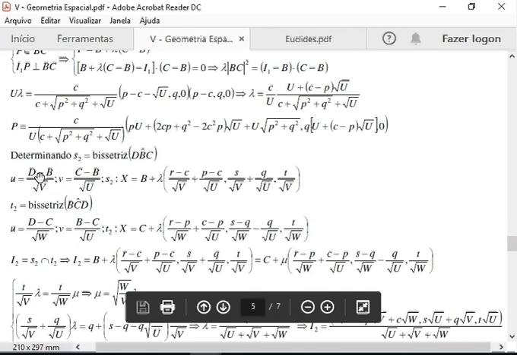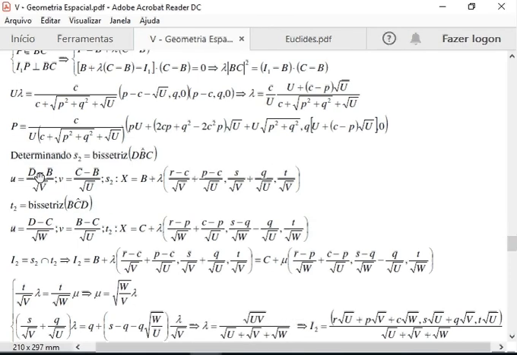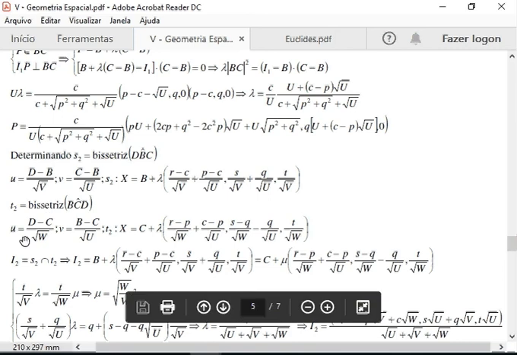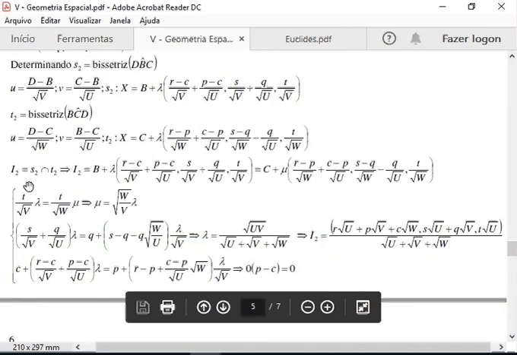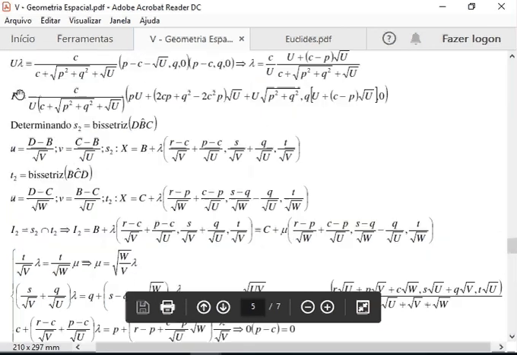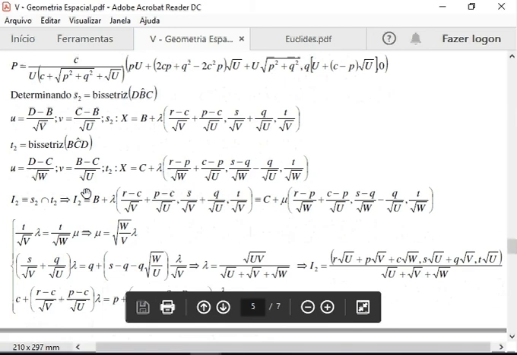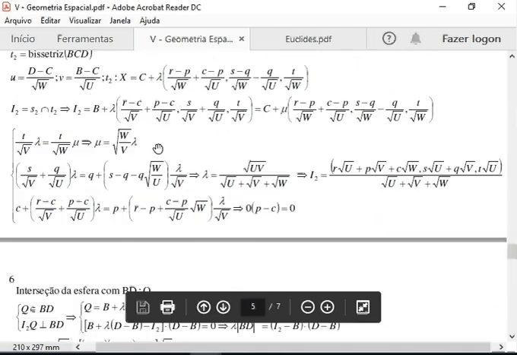Let us determine the bisector S2 of DBC. We know who is U, we know who is V, S2 is B plus lambda times a vector. Let T2 be the bisector of BCD, the angle BCD. U is this vector, V is this unit vector, T2 is that line, I2 is the intersection of S2 and T2. So we have lambda and mu, a system of first degree.